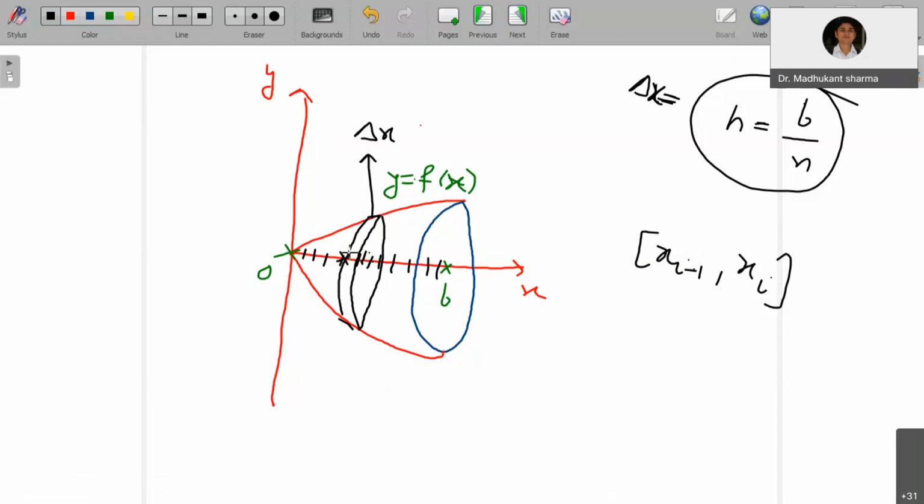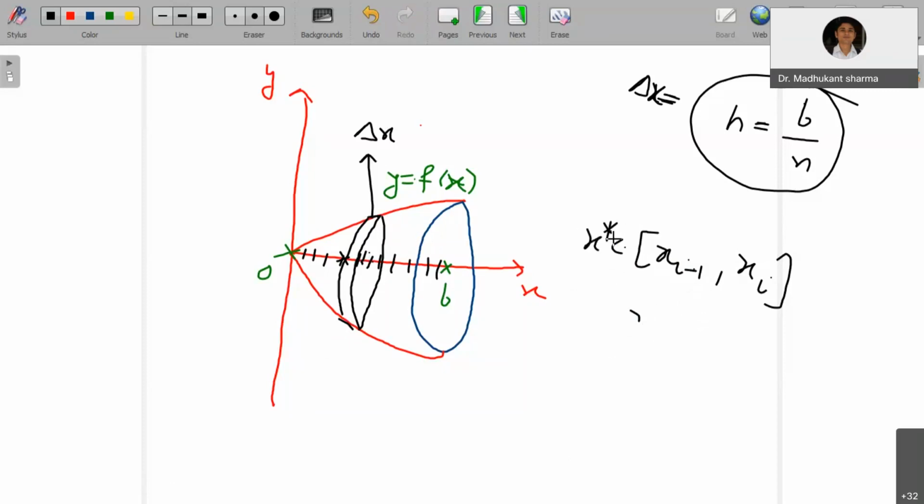Now you are interested in the volume of this very small part. And when you're talking about a very small part, you can treat this as a right circular cylinder, because this will be treated as a straight line. And in between you can tag a point, like we have done in the Riemann approximation, you tag a point x star.